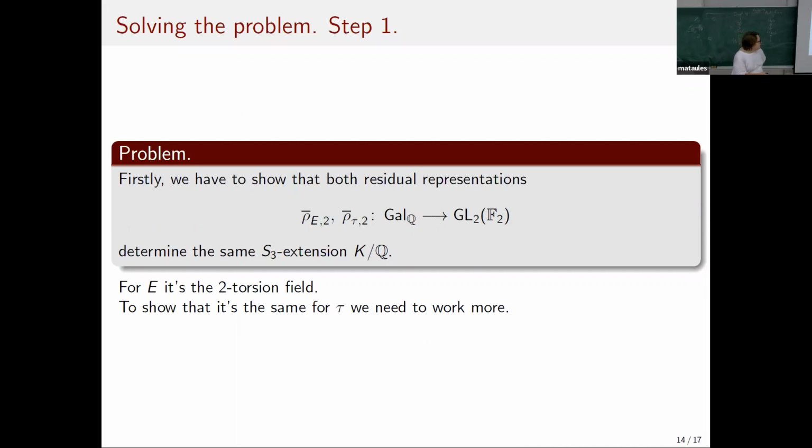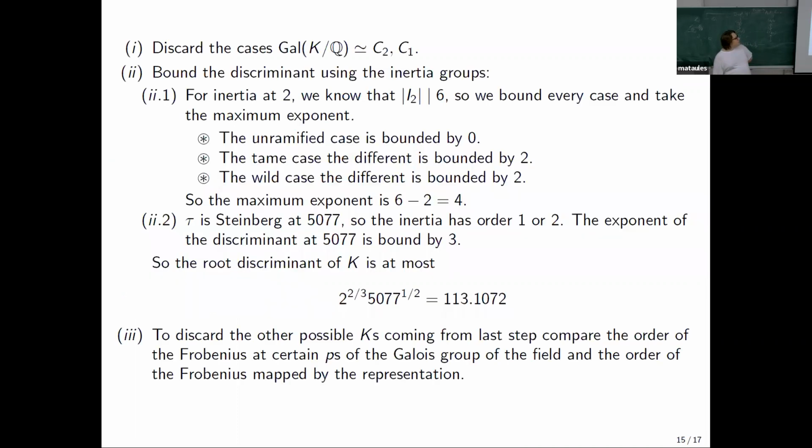For the modular form it's a bit more involved. What you have to do is, first of all, discard the first two cases by checking that some Frobenius elements have order 3, and then you discard the cases where the Galois group is C2 times C2, because you cannot have an element of order 3 there.